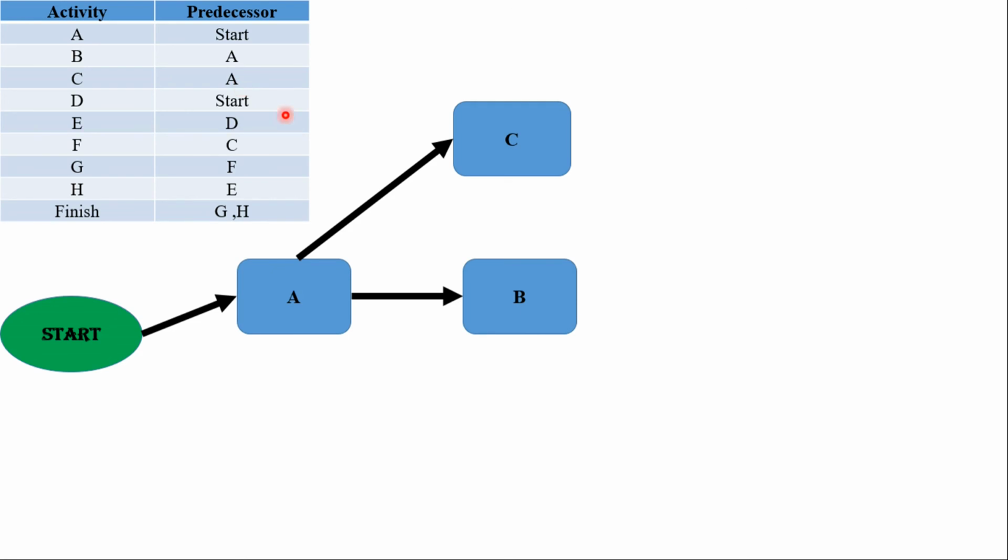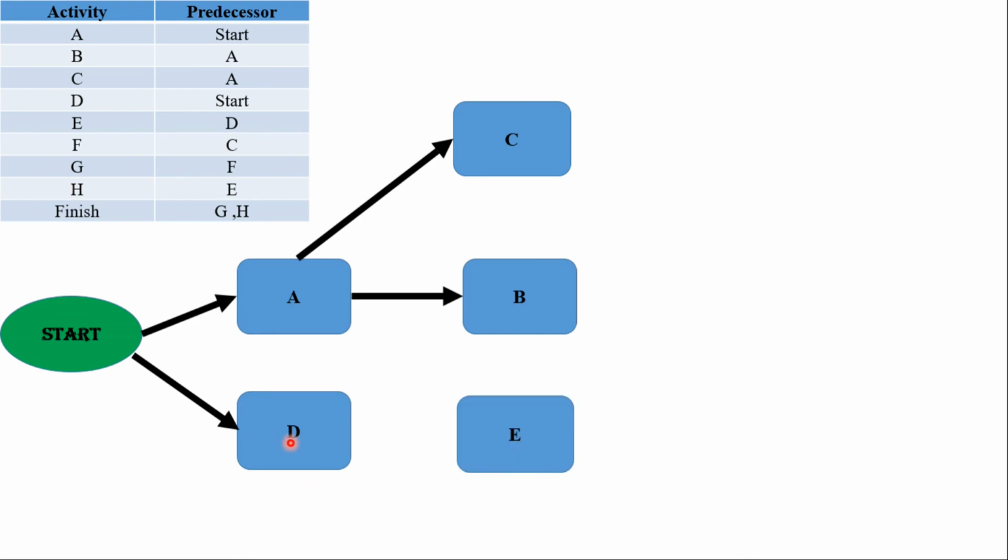Activity D is also a start. It does not have any predecessor, as you can see, so you have to label it as it is. Activity E comes after activity D, so its predecessor is activity D, sorry.